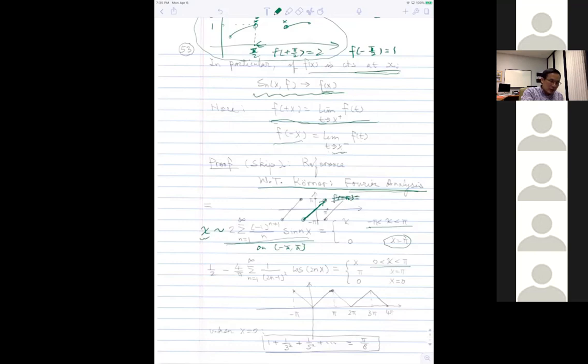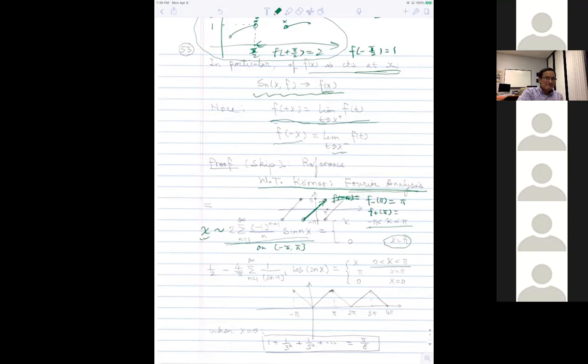Maybe f of negative pi is a little bit better. That means x approaches pi from the left, then the limit would be what, Marisa, in this graph? Is it just approaching pi? Yeah, that is pi. And if x approaches pi from the right, what would be the limit then?